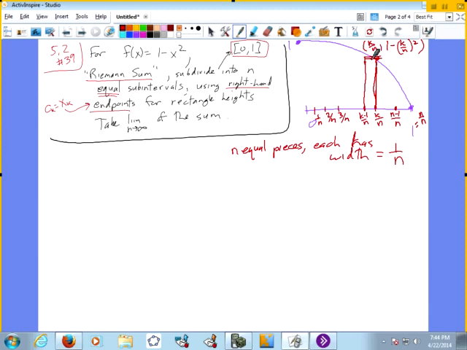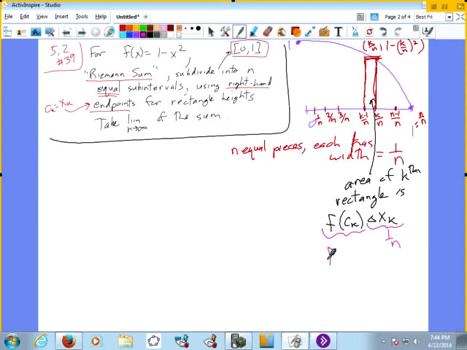And so the area of this rectangle number k is c sub k times delta xk. But delta xk, we just said that the width of each interval is 1 over n. And this is f of x sub k, because we said that in each interval we take the right-hand endpoint.